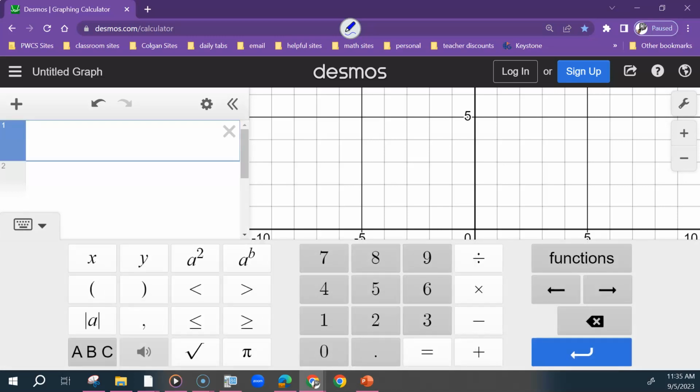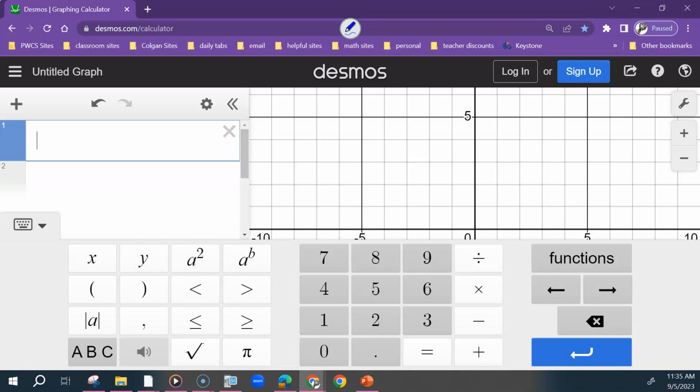Some of you may have stuff from previous classes. You can get rid of that stuff by pressing the X's over here. If you go into the keyboard, that's where a lot of the stuff is. So your variables, your numbers, your operations, your parentheses, absolute value, your exponents, your square root, your inequalities, all that stuff.